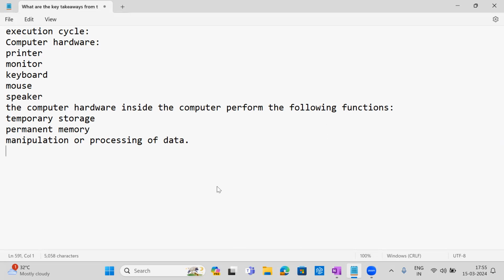Then interfacing to the outside components or to the outside world.